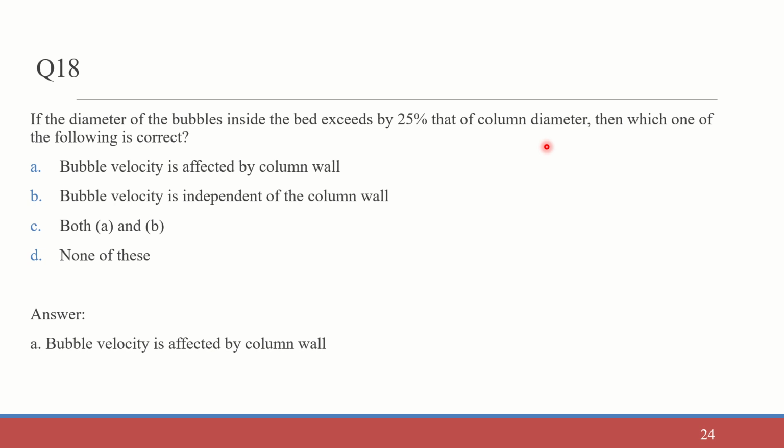So after 25% of the column diameter, if bubble size is increasing beyond, the wall effect comes into picture. By wall effect, what do we mean? It is affecting the bubble velocity. So answer actually is option A. Bubble velocity is affected by column wall.